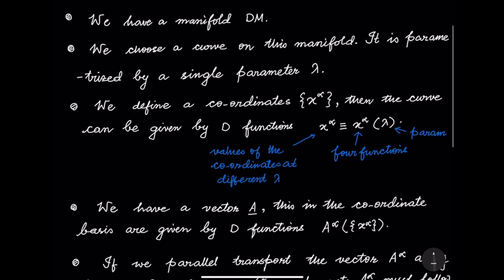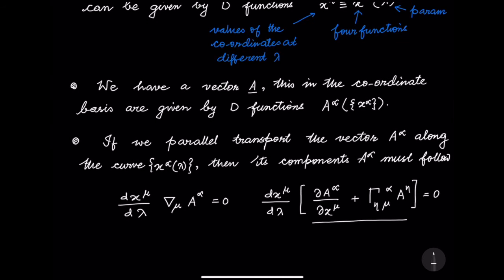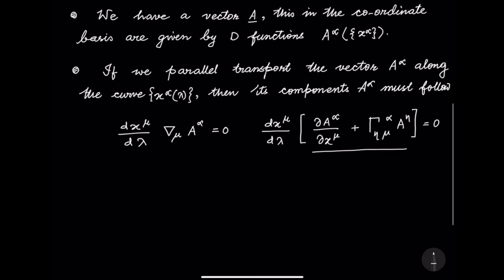Let me just recapitulate. We have a manifold, and in that manifold we define a curve by a single parameter lambda, and then we have a vector, and we parallel transport the vector along the curve, or we say that the vector is parallel transported along the curve if this equation is satisfied. Now, we can choose an arbitrary curve, but now we will be more specific.